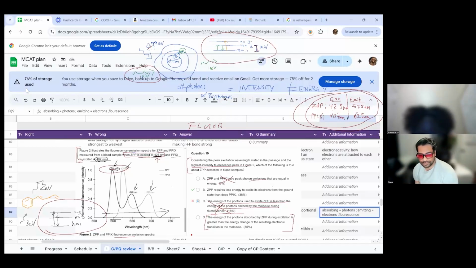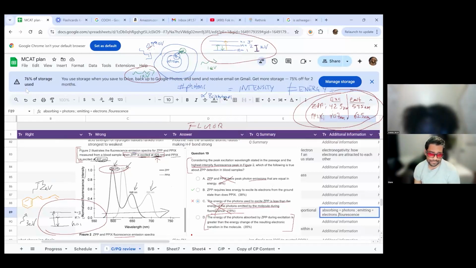And ZPP requires less energy, which means a higher wavelength, to excite its electrons from the ground state than does PPIX.